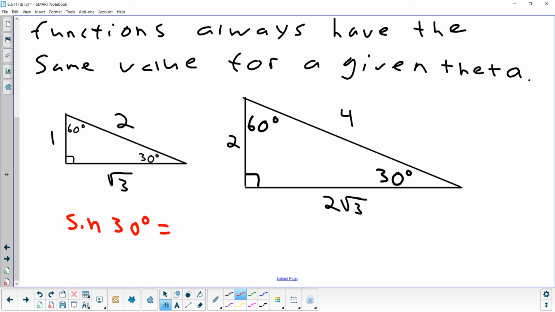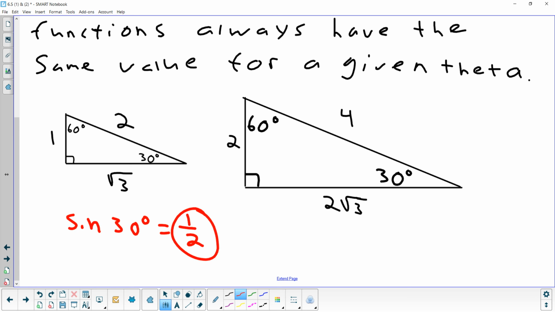What did we say sine was? It's the length of what over the length of what? Opposite over hypotenuse. So what would the sine of 30 be in the small triangle? 1 over 2.